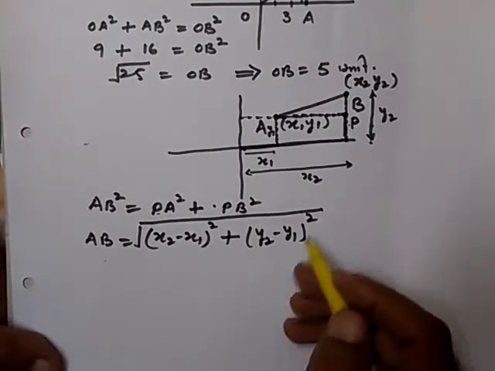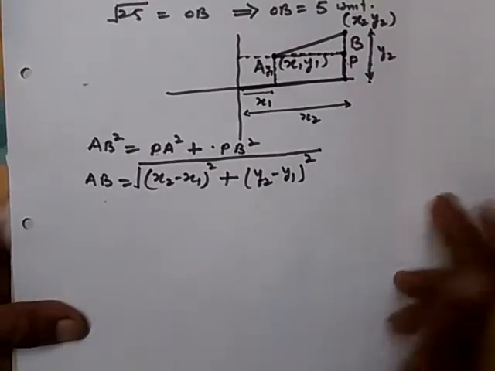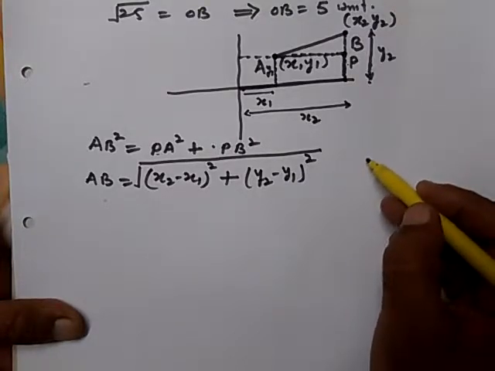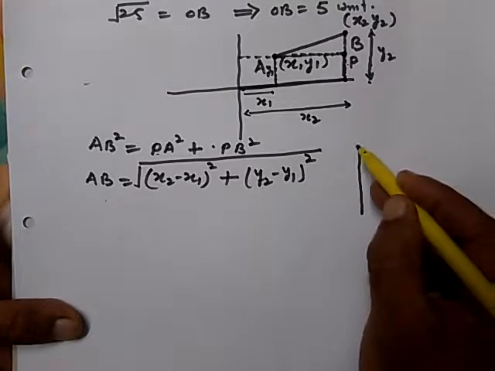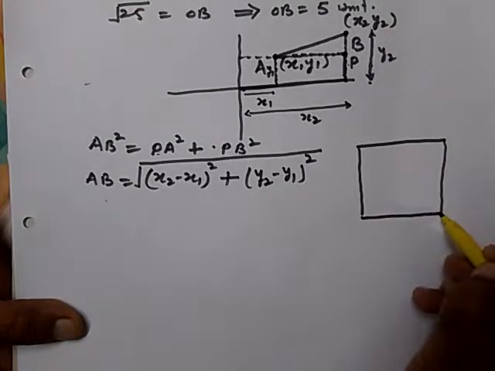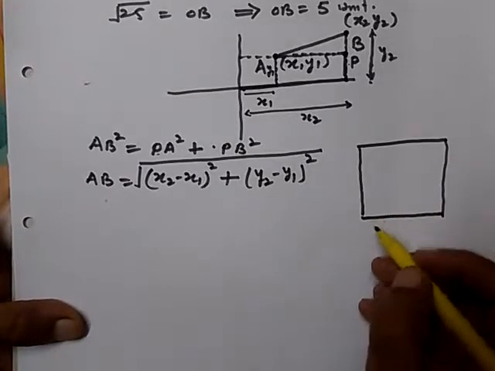It is used to solve many questions, like you can get a question in which you are given a quadrilateral. Let me draw a quadrilateral, and the coordinates of the vertices of this quadrilateral are given to you.